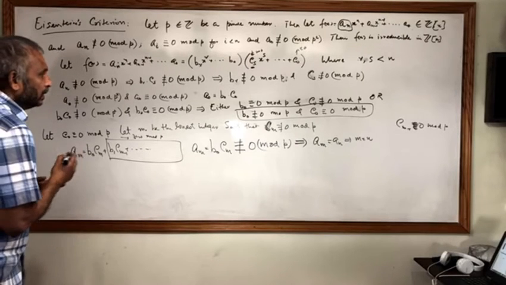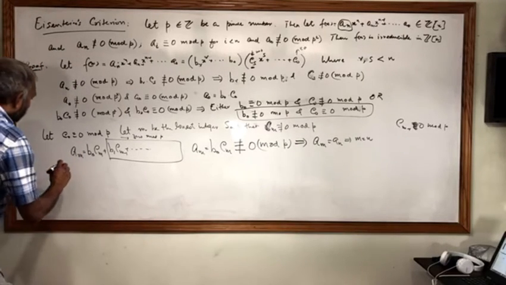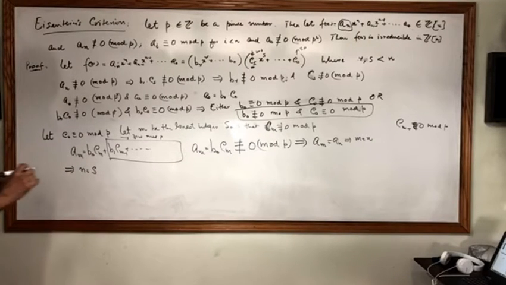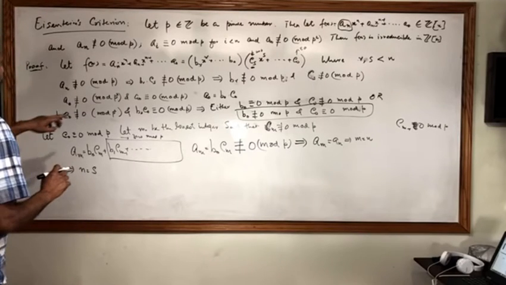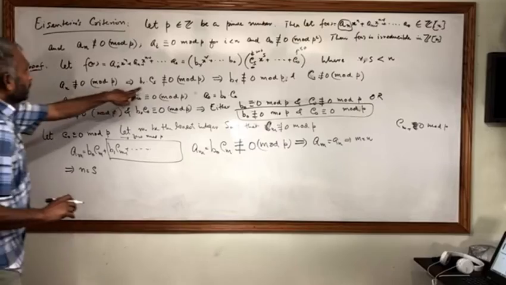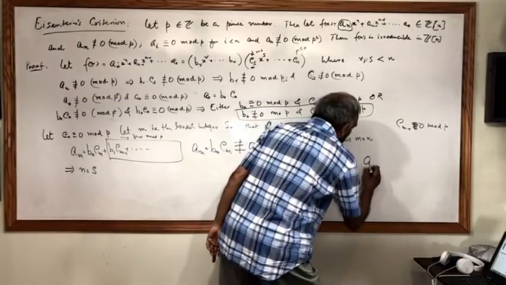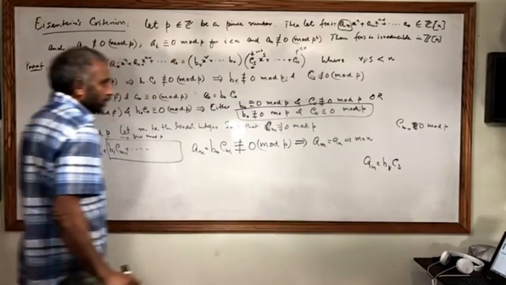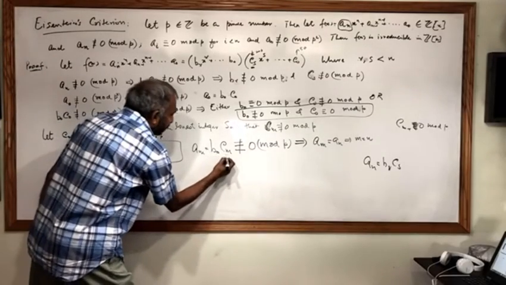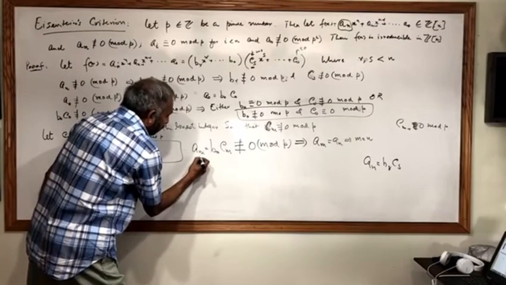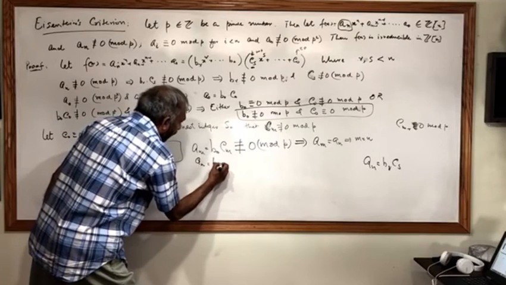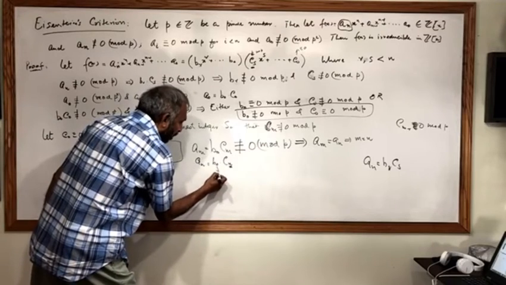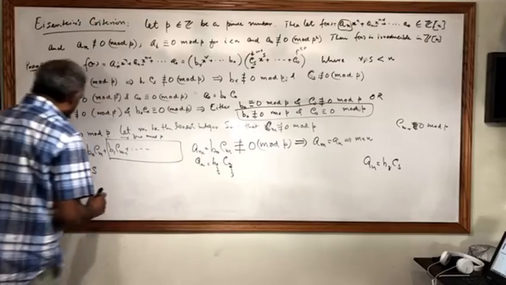And what does that mean? m is equal to n means that n is equal to s. Because see, an is equal to br times cs. So m is equal to n means an is equal to b0 times cn. So this cn is actually our cs, so n is equal to s.